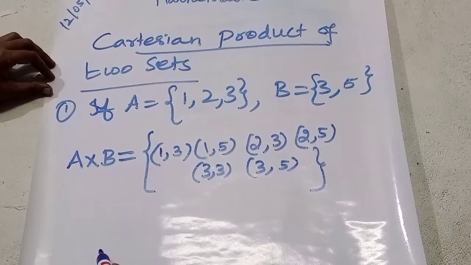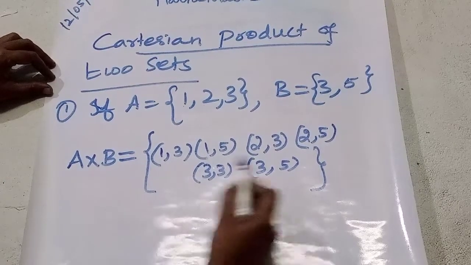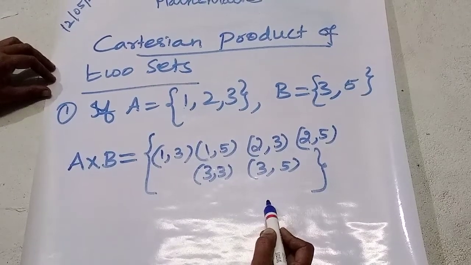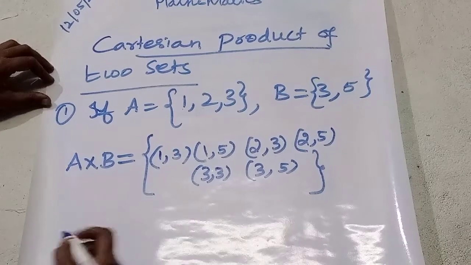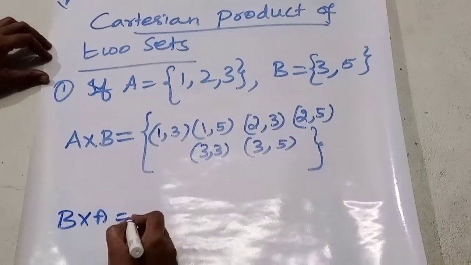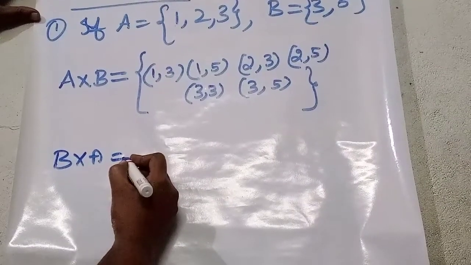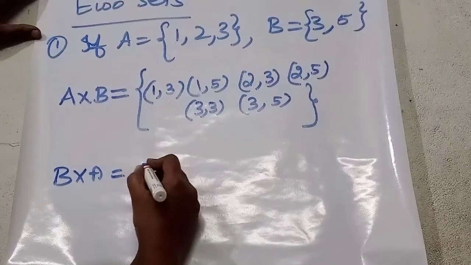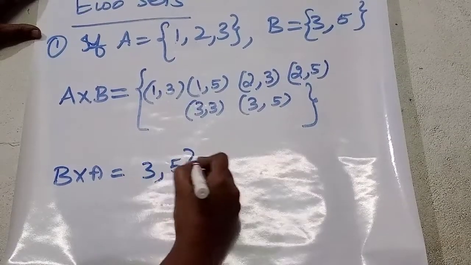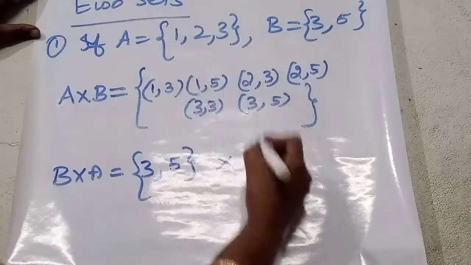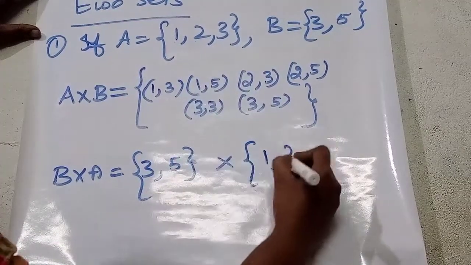If they ask to find A cross B, only this much you have to write. And if they ask to find B cross A, first of all we have to write the B values. B is {3, 5}, cross A is {1, 2, 3}.